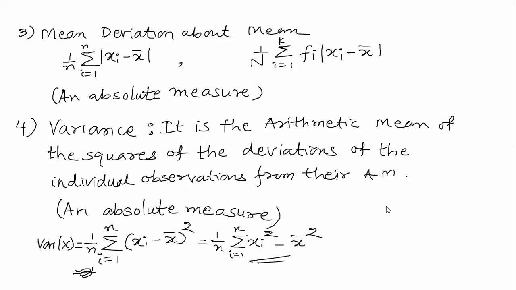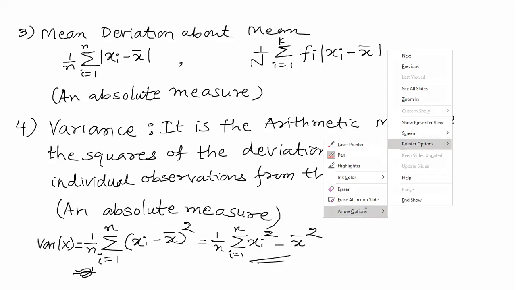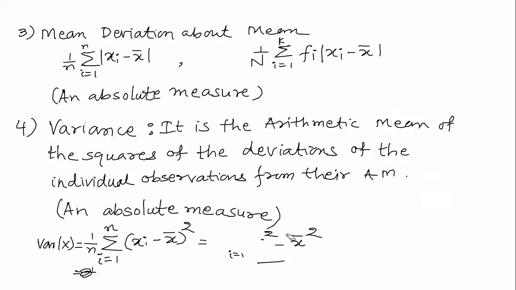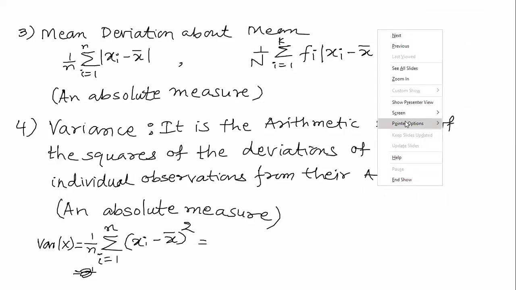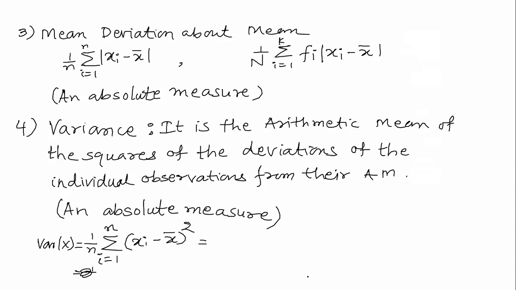Here itself I'll try to do this quickly. I have already told you that this is an absolute measure, so this is 1 upon n summation i from 1 to n of xi to the power 2 minus twice xi into x bar plus x bar to the power 2.